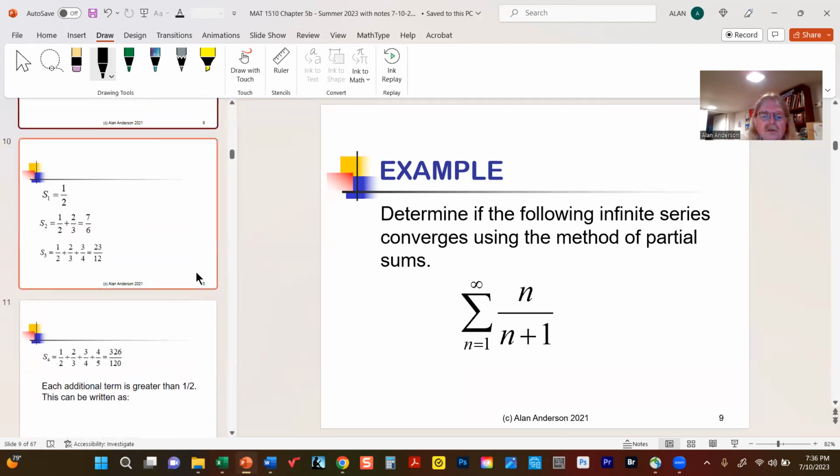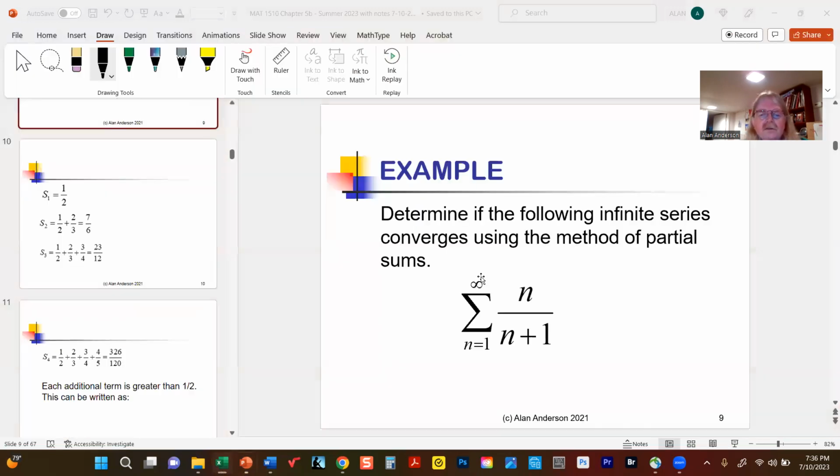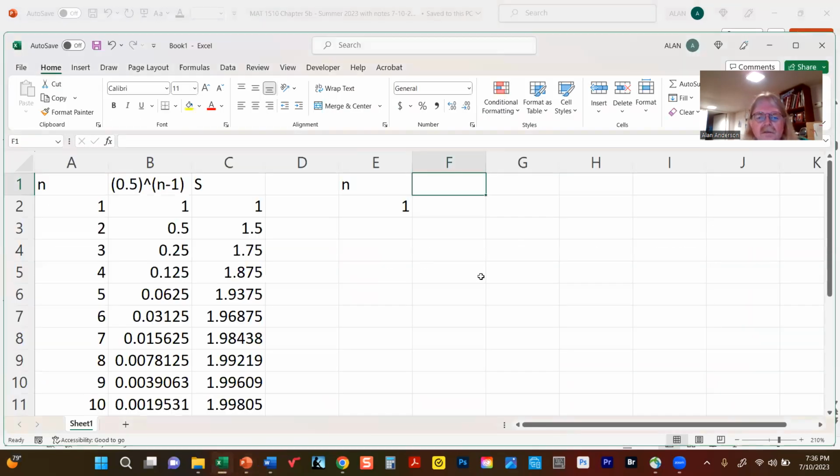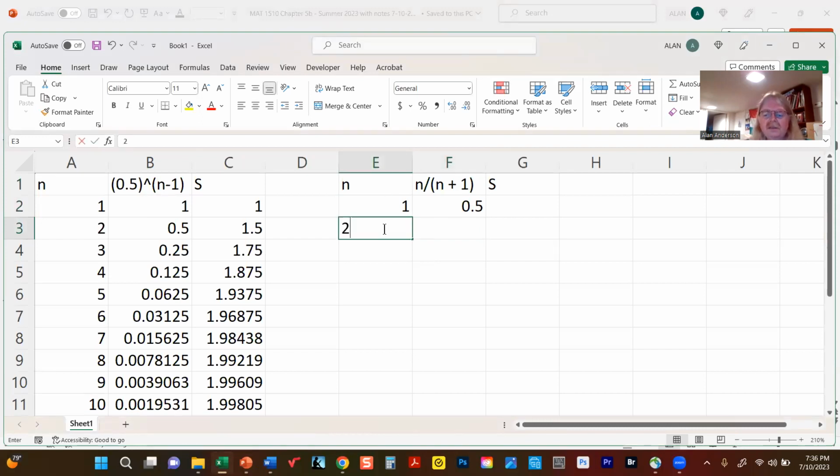Now, this one is a little involved. Let's just put together a table for this one. The formula is n over n plus 1. And of course, here we'll have the sum. So here we'll have, for example, this number divided by 1 plus this number. And then we'll have 2 and 3, et cetera.